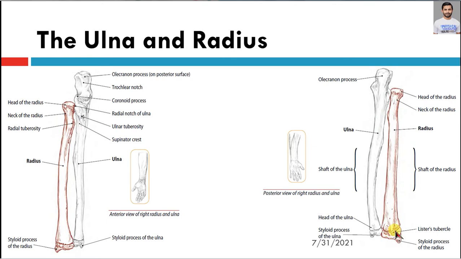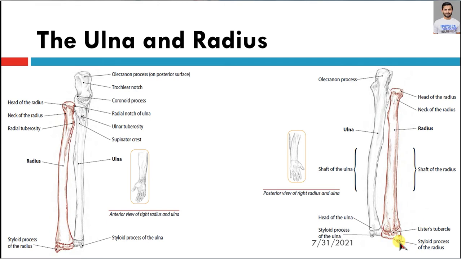They are divided into different compartments, and this is one very important bony landmark that needs to be palpated and it divides the tendons into different groups. We'll discuss in detail in later slides. So Lister's tubercle is present on the dorsal aspect, and it is very prominent, very easy to palpate, and it's a landmark that helps you to understand the different compartments of the tendons.